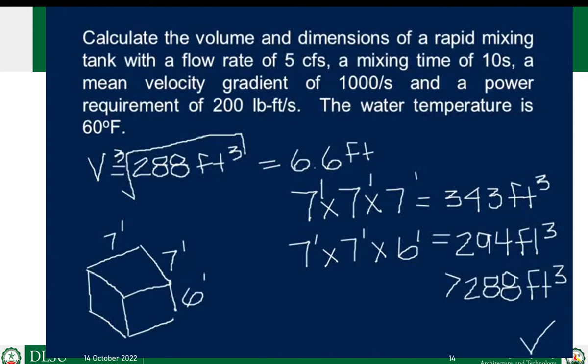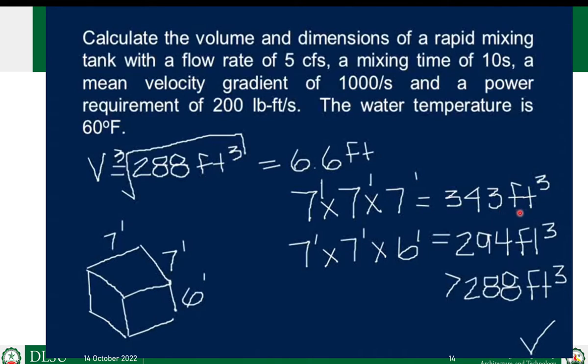And to calculate the dimension of the tank, we have computed that the volume is 288 cubic feet. This is a rectangular tank, so we're going to find the cube root so that we can solve the dimension of the tank. If we set the dimension of the tank to be a whole number, we're going to round up, so that is 7 times 7 times 7 feet.